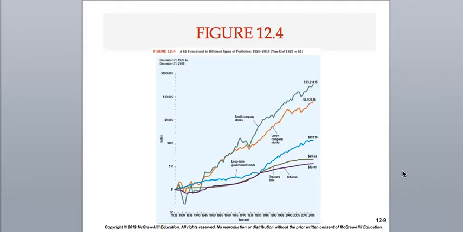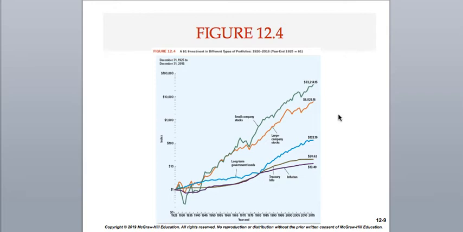Let's take a look here, and you'll have a better view on your slides. You notice here we're looking at a dollar investment in different types of portfolios, and the data is from 1926 to 2016.